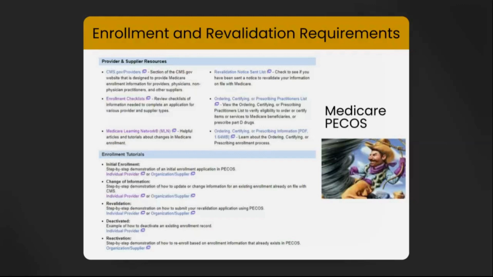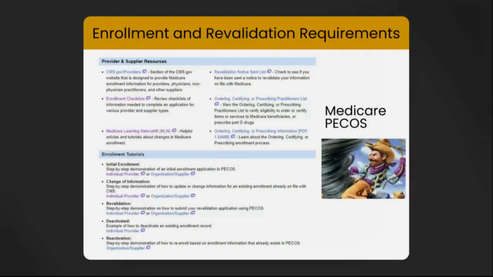With the PECOS Medicare portal, you're also going to see that they have tutorials. I have a screen snip there for you that walks you through, in just a few minutes, how to complete the enrollment based upon the type of provider you are or what type of practice you're in. I use them personally all the time when I'm helping clinics, so it's a fabulous resource.